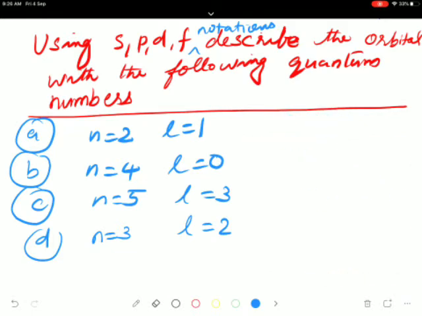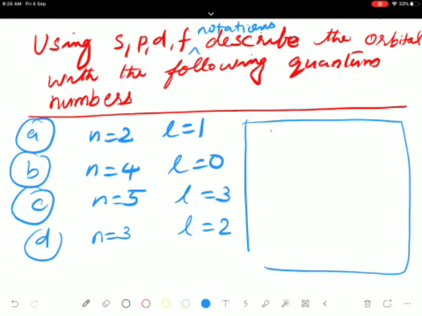When n is equal to 4, L can have four values. What are they? 0, 1, 2, 3. L is equal to 0, then 4s. L is equal to 1, that is 4p. Then 4d, then 4f.